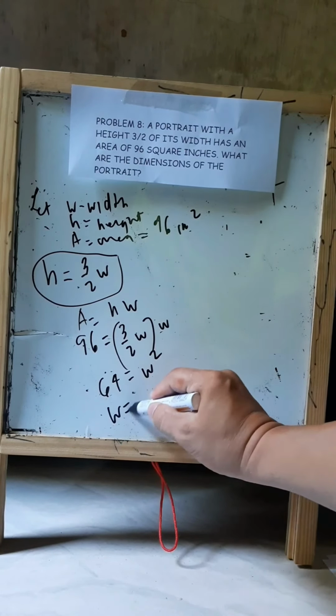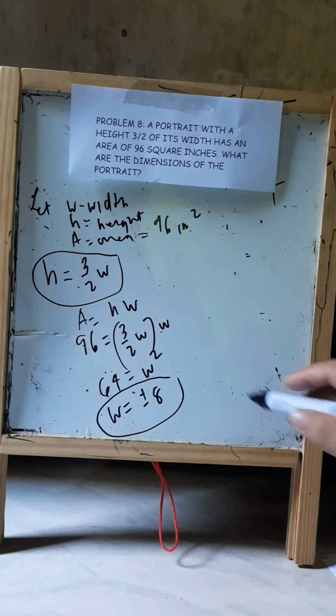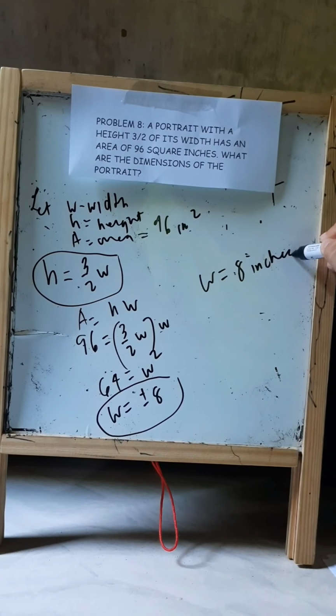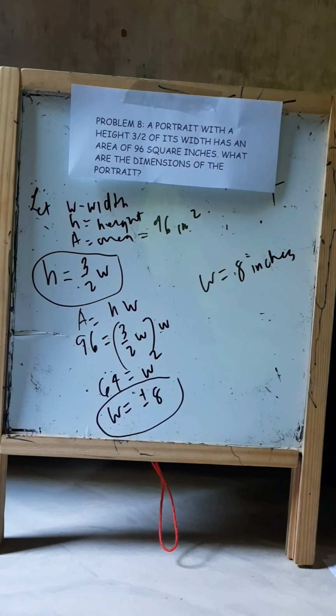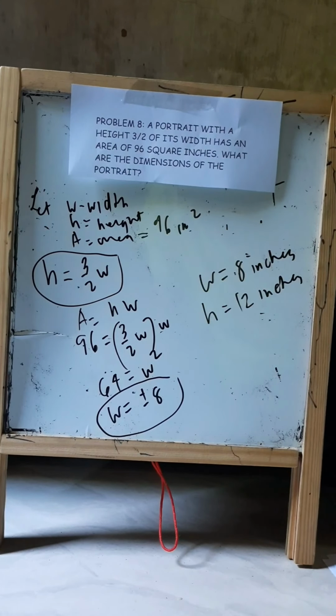Then get the square root of both sides: positive or negative 8. There is no negative width, so we only consider 8 inches as the width of the portrait. How about its height? 3 halves times W, 3 halves times 8 is 12 inches. So the dimensions of the portrait are 12 by 8 inches.